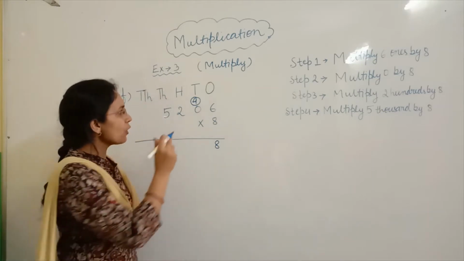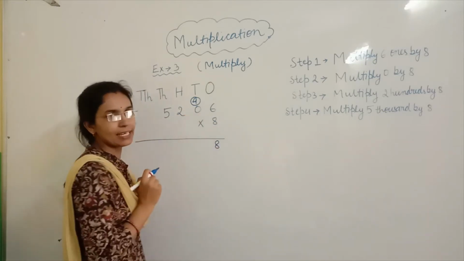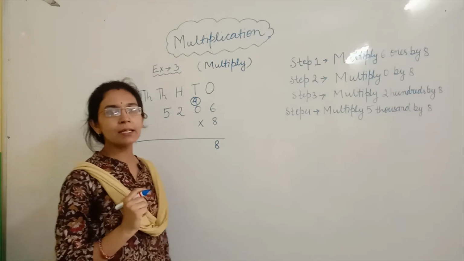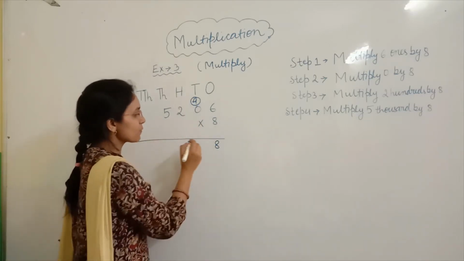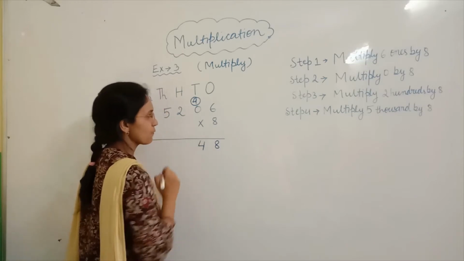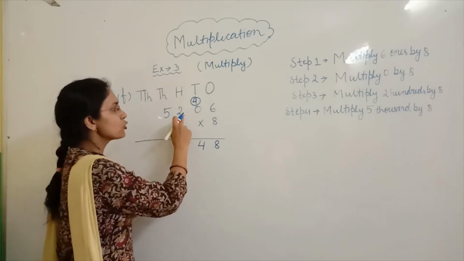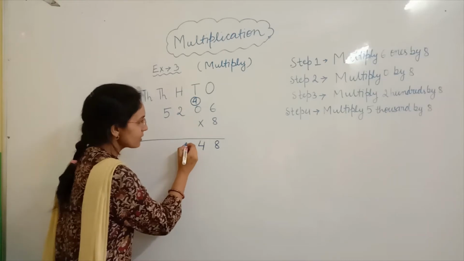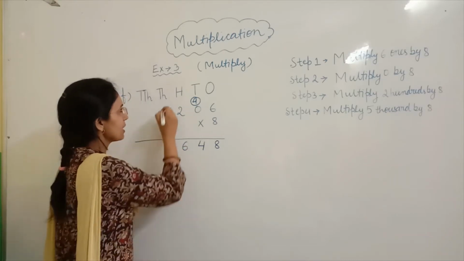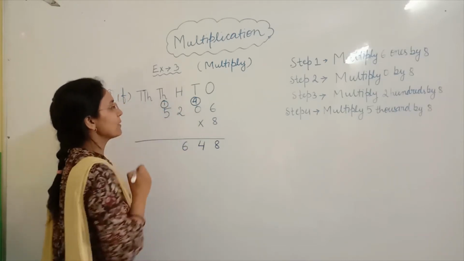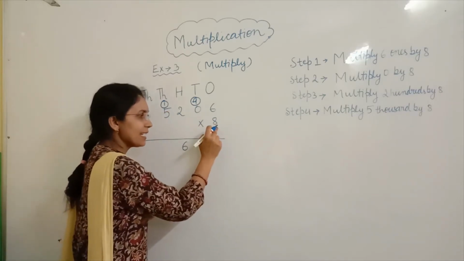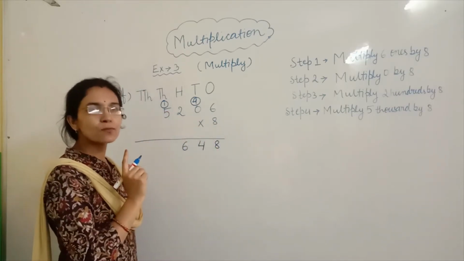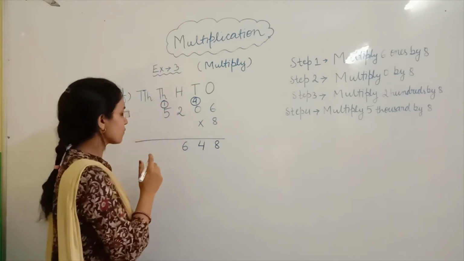Now we will multiply 0 and 8. Whenever we multiply any number by 0, we always get 0. So 0 plus 4 will be 4. Now 2 multiplied by 8 will be 16. Then 1 will be carried over. Now 5 and 8 will multiply, it is 40. And 40 plus 1 will be 41.